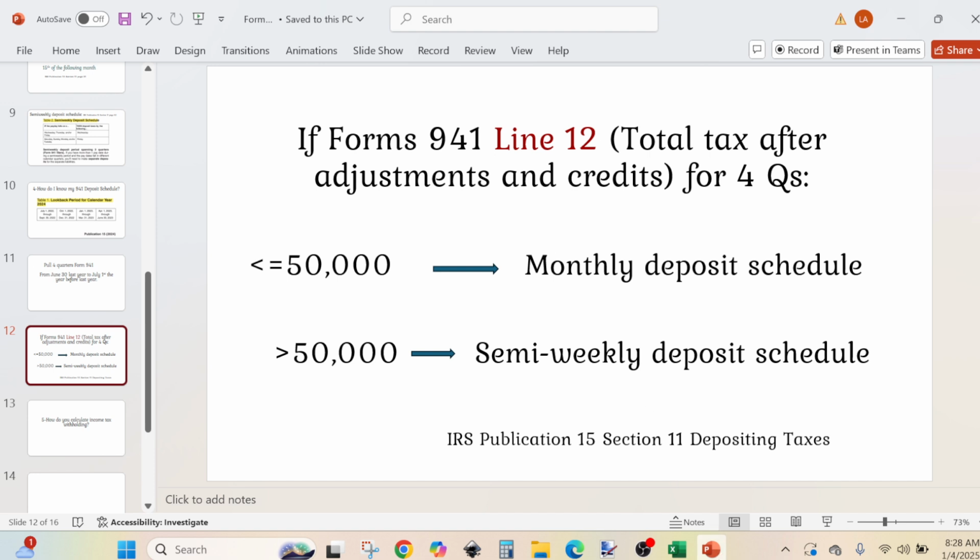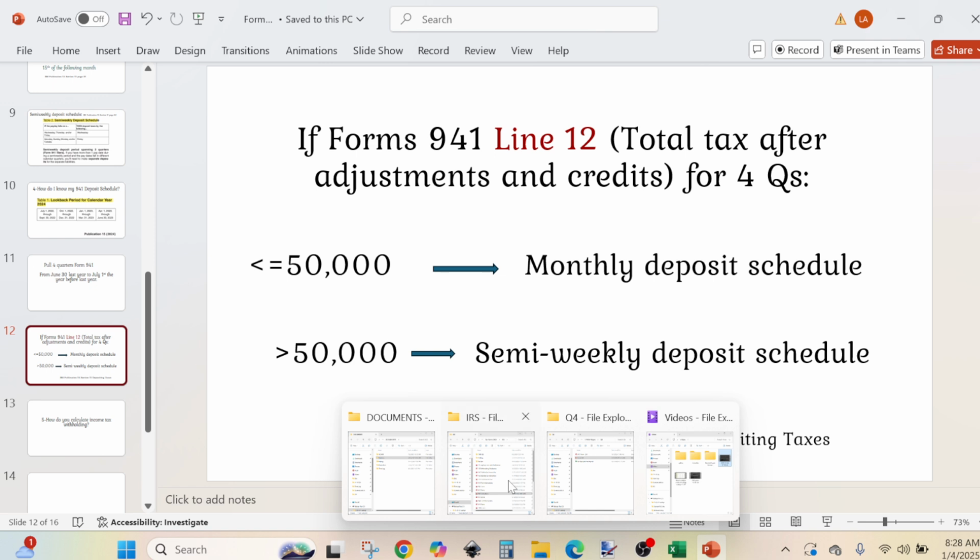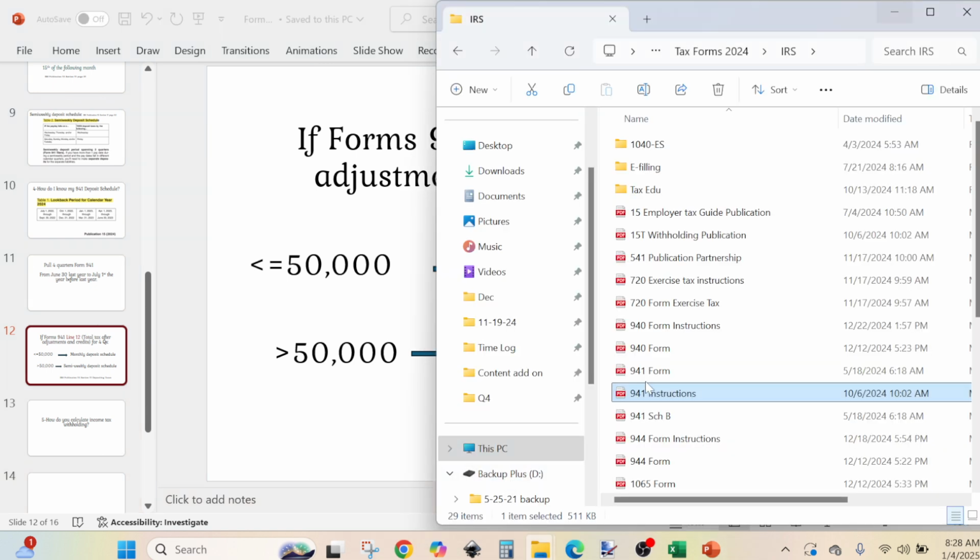Okay, so I believe there was something else I'd like to point out. Oh, Schedule B. I don't know if I have Schedule B. Yeah, here. Let's open it and take a look at it. If you are a semiweekly depositor, pretty much you'll be listing your tax liability by day.